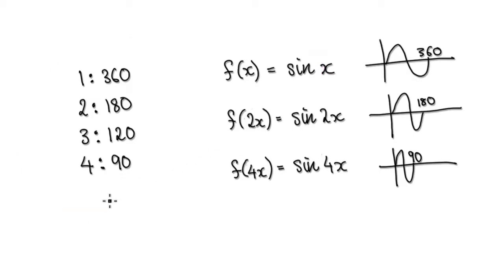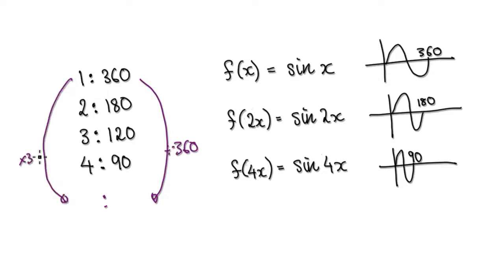Well, if I divide this by 360, then I'm going to times this by 360. So if I have this 360, this will give me a period of 1. What that means is if I have this 360, it will give me a sine graph where the period is 1. But now I want to times this by 7.